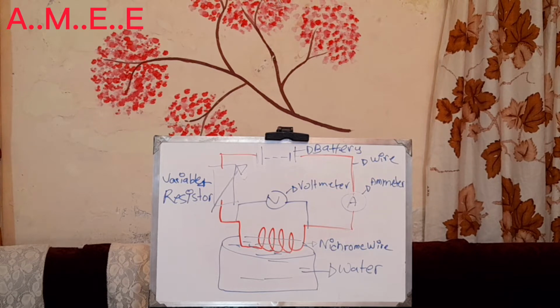If you are told to do an experiment showing that the current of a conductor depends on the voltage given, we use a nichrome wire and water to keep the temperature constant.